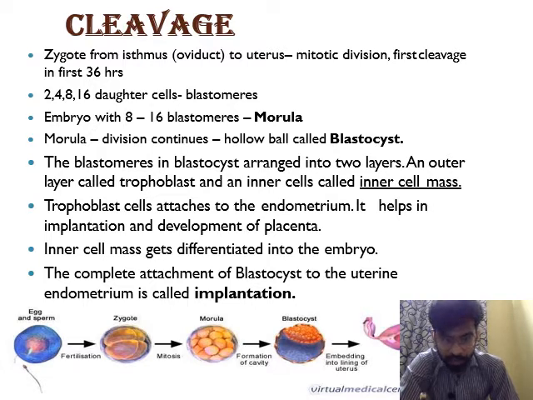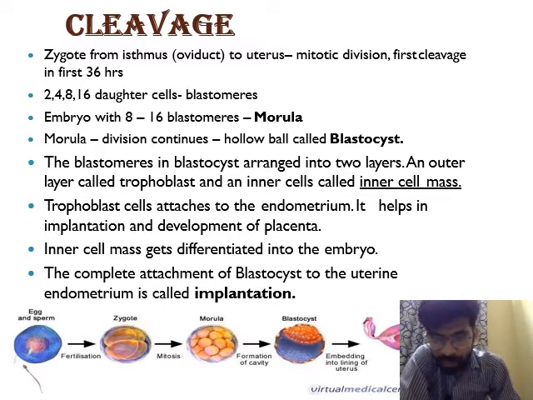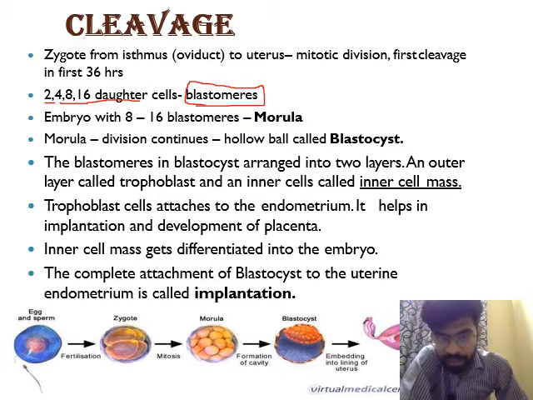The daughter cells are combined to form a blastomere. This means when the zygote is divided, there is a 2 cell stage, then again division to 4, then 8, then 16 daughter cells will form, and they are termed blastomeres. When the embryo is in the 8 to 16 blastomere stage, it is termed morula.